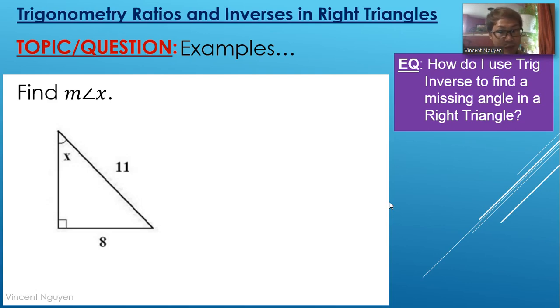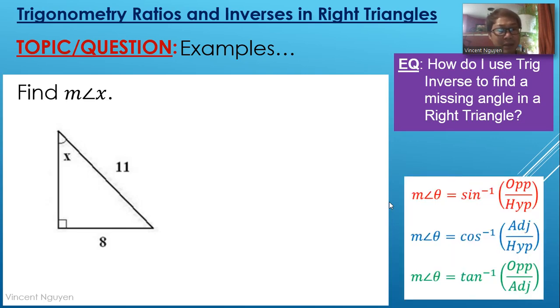Our angle of reference is x, right? And right across from x is 8, and it's given to you. So 8 becomes the opposite side. And then 11, of course, is the hypotenuse. So you tell yourself, I have opposite and I have hypotenuse, which means I'm going to be using the sine function, opposite over hypotenuse. To find angle x, I use sine inverse of opposite over hypotenuse. Guys, looking for the angle is actually faster than looking for the sides because you just type it into your calculator and get an answer.